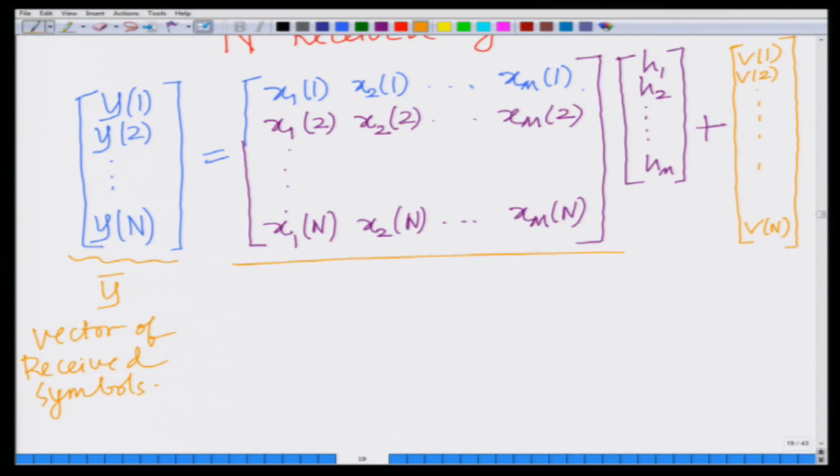This is an n cross m matrix of pilot symbols. Let us denote this by x bar. This is now your pilot matrix.